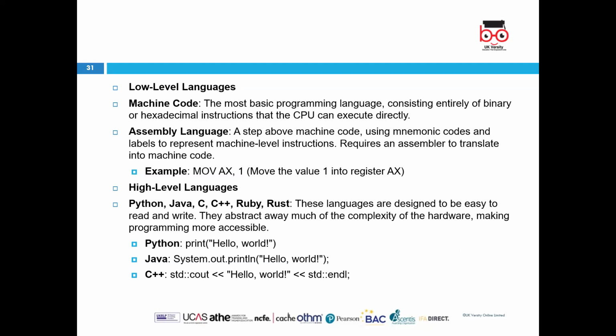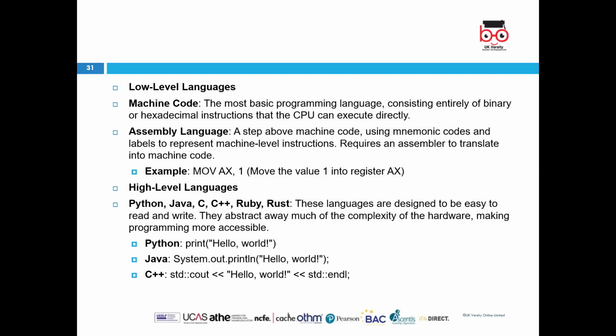Low-level languages include assembly language and machine code. These are the most basic programming languages, and machine code is entirely made of binary and hexadecimal instructions. Assembly language is a step above machine code, and it uses mnemonic codes and labels to represent machine-level instructions.